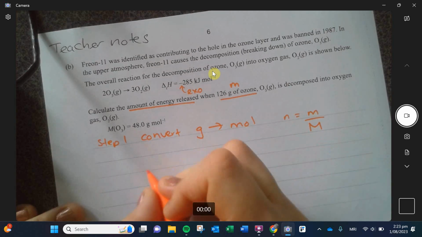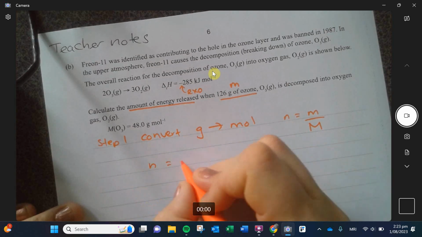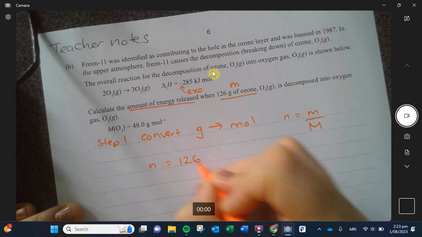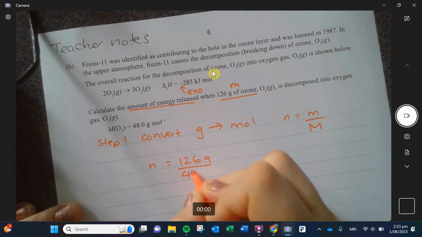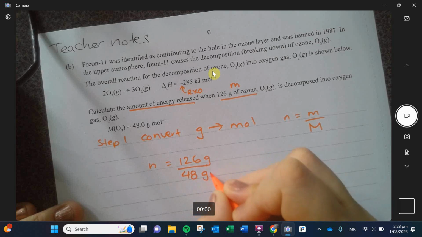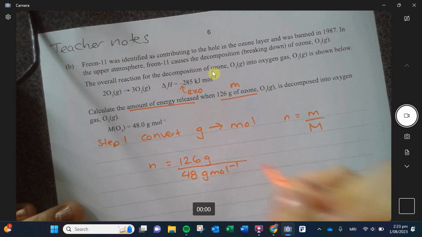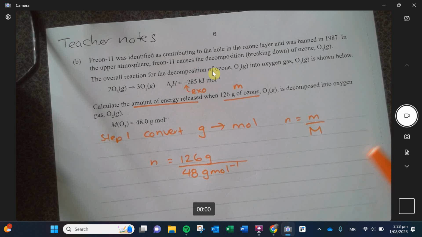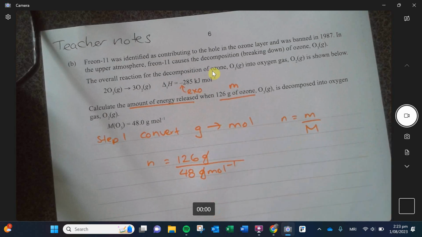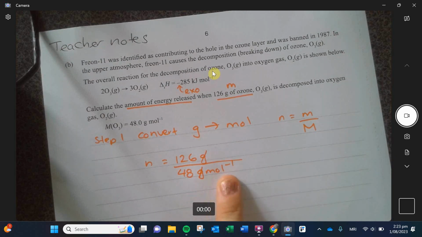So if I was going to plug in my numbers, I have 126 grams divided by my molecular mass, which is 48 grams per mole. I personally like to write down all my units. I suggest you do that for physics as well, because it's a nice little way to double check you've done things correctly. Grams and grams cancels, and I have per mole.